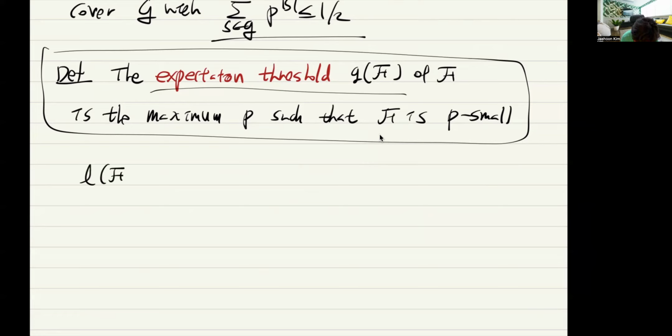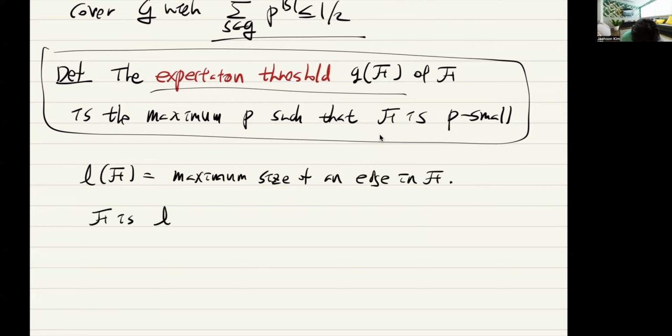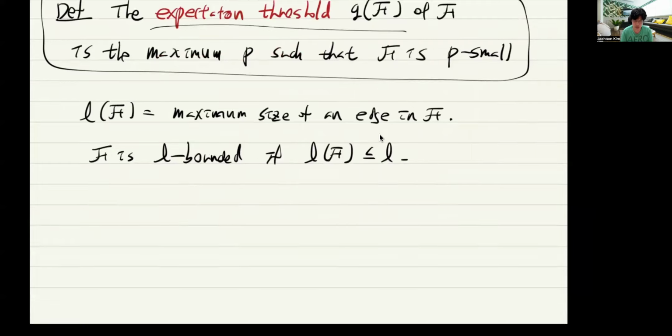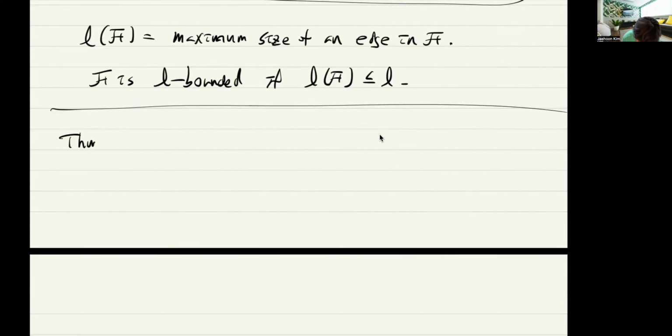So let's say L of F is the maximum size of an edge in F, or set in F. And let's say this F is L-bounded. This hypergraph is L-bounded if all the edges have size at most L. Then this Kahn-Kalai conjecture is resolved by Park and Pham.